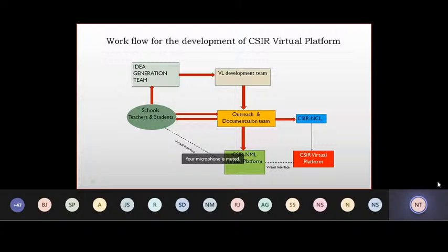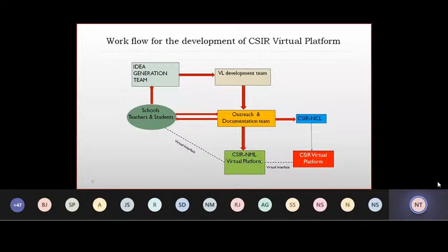And then there will be an outreach and documentation team, who will be involved in connecting with school teachers and students. And from there, the CSIR-NML virtual platform will come up. Also this outreach team will be interacting with CSIR-NCL, because they are our nodal agency to take the information from us, and they will put the information, after shortlisting, on the CSIR virtual platform.